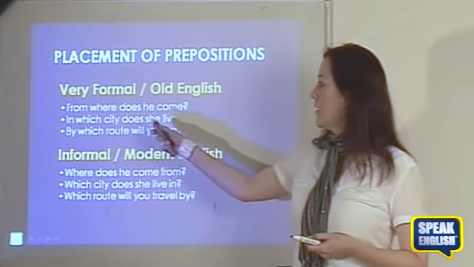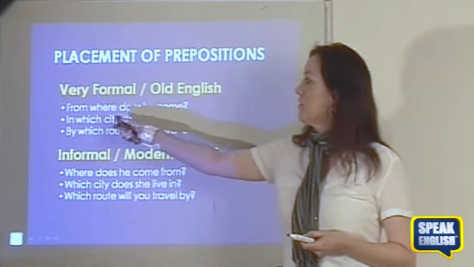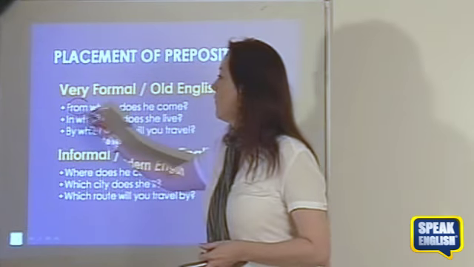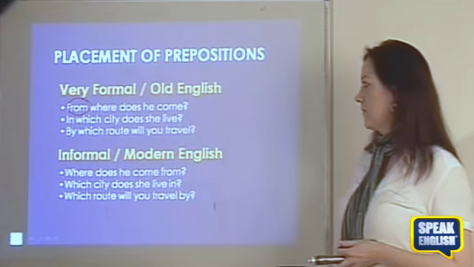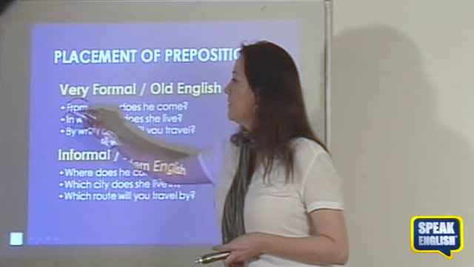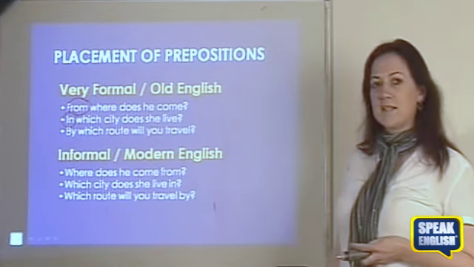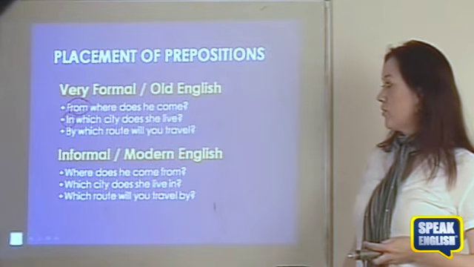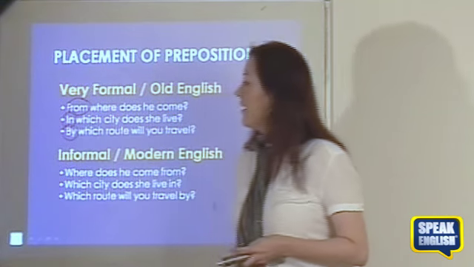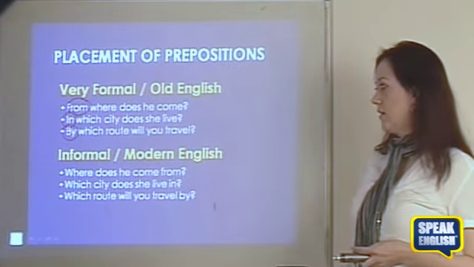So let's look at it where it comes at the front. From where does he come? From at the beginning. In which city does she live? In is the preposition at the beginning. By which route will you travel? By at the beginning of the question.